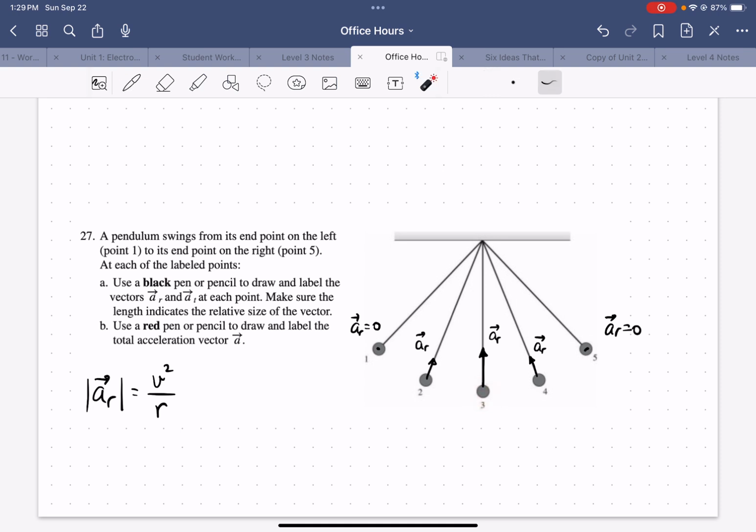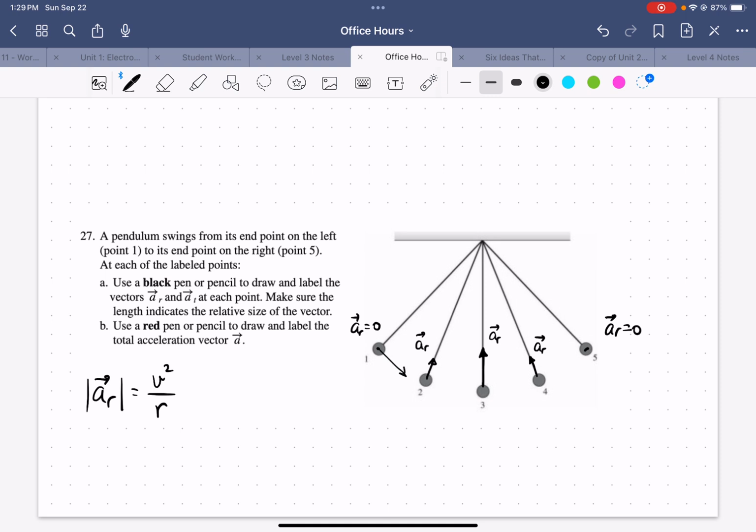So the rate of change of the speed of the pendulum is actually 0 at point 3, so there would be no tangential acceleration. And then at the endpoints here, we would have the greatest rate of change of the speed. So that means the tangential acceleration, which always points tangent to the path, will be something like this at points 1 and 5, and it's going to point in the direction of the increase in velocity.